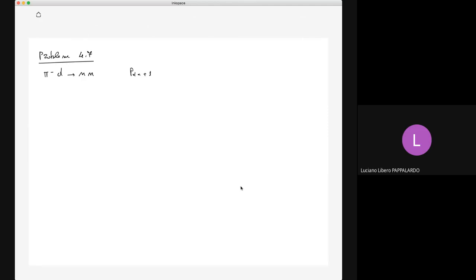So the fact that the π⁻ is captured in a P wave means that in the initial state, L initial must be 1. So the parity in the initial state is (-1)^L times the intrinsic parity of the π⁻ times the intrinsic parity of the deuterium. Since the system is in a P wave, this is (-1)^1.